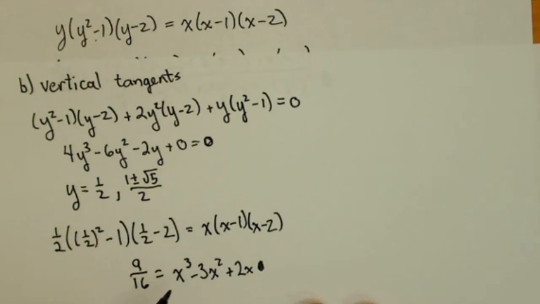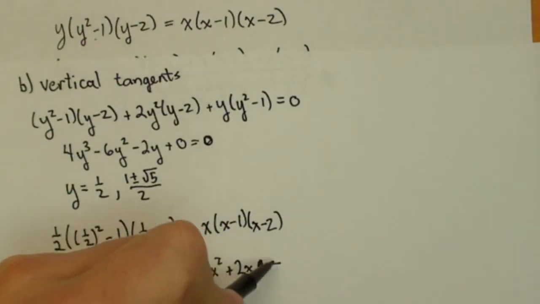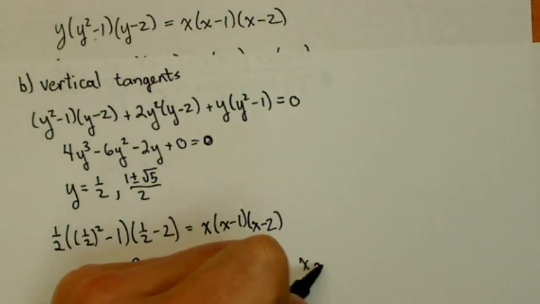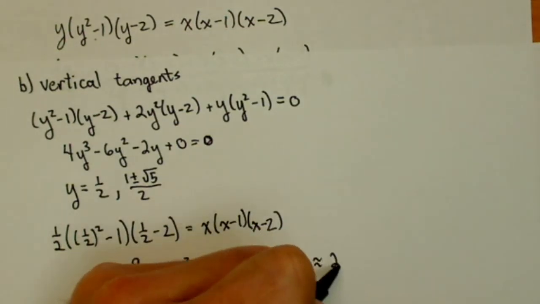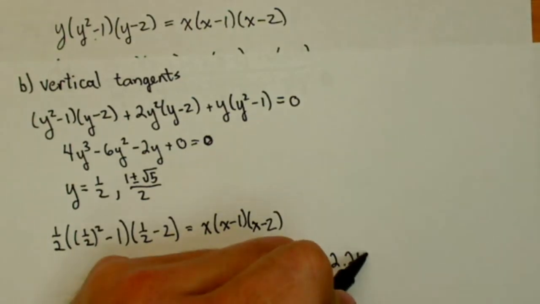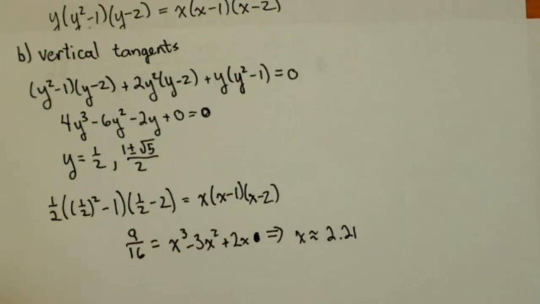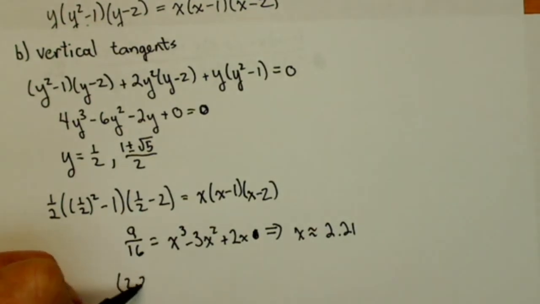This is something that can be solved for x, and we'll go ahead and use, again, a computer algebra system or a graphing calculator. I'll leave that up to you, but we're going to get that x is approximately 2.210, so I'm just going to stop it there. So we would expect to have a tangent line at the point (2.21, 1/2 or 0.5).